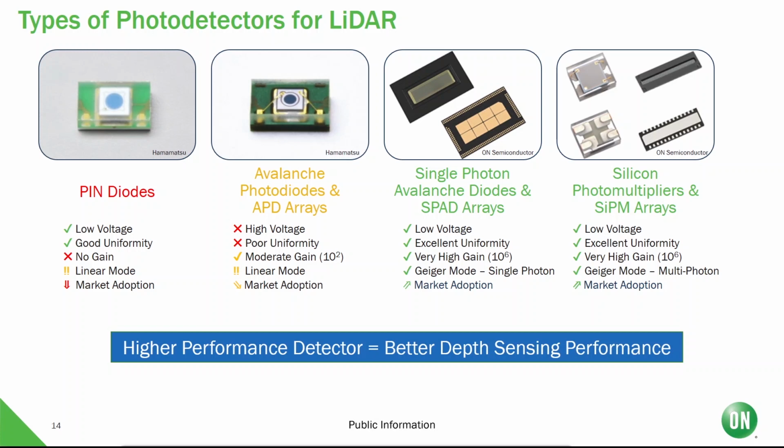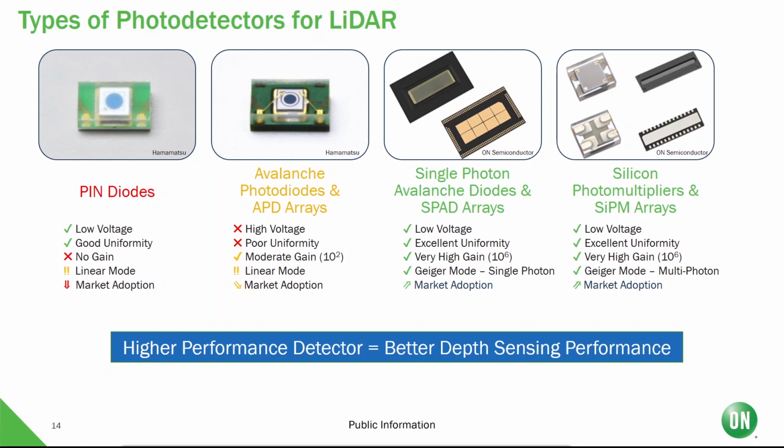SPADs, on the other hand, allow single photon sensitivity, so even the faintest reflections from objects can be detected. In Geiger mode operation, the SPAD has a gain of about 10 to the 6, and this means that a single photon produces a measurable photocurrent, enabling ranging at long distance. SiPMs are built on the same technology as the SPAD, but in the SiPM, all SPADs are summed together in parallel, enabling detection of either single or multiple photons in a compact sensor.